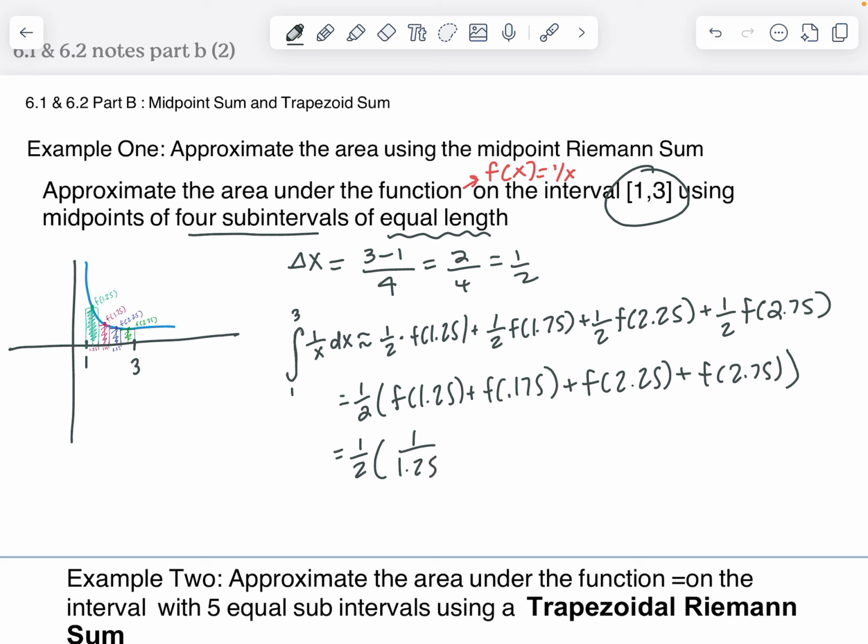So then it'll be 1 over 1.25, 1 over 1.75, 1 over 2.25, and 1 over 2.75. And just for the sake of time, feel free to do that yourself. Check my work, see if I'm correct, but it should be 1.09 units, and then it's going to be squared unless they give us units or something like that. Okay, take a second, process that.